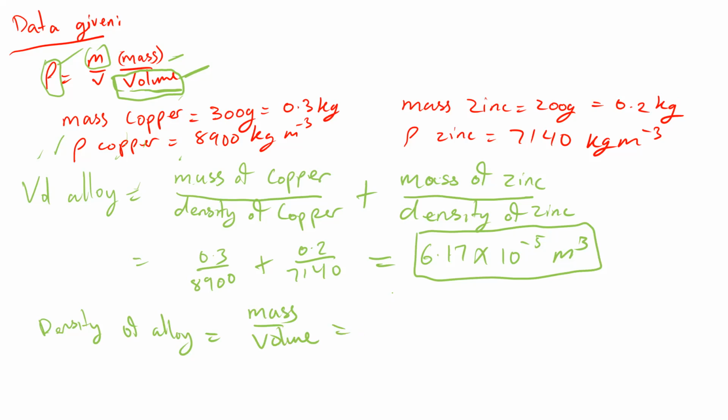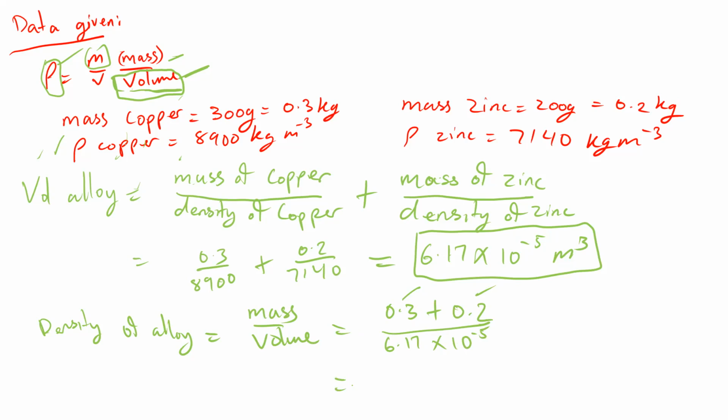In this case, we know the mass, it's 0.3 plus 0.2. This is the mass of the copper and this is the mass of the zinc. And we just calculated the volume, so the volume is going to be 6.17 times 10 to the negative 5.